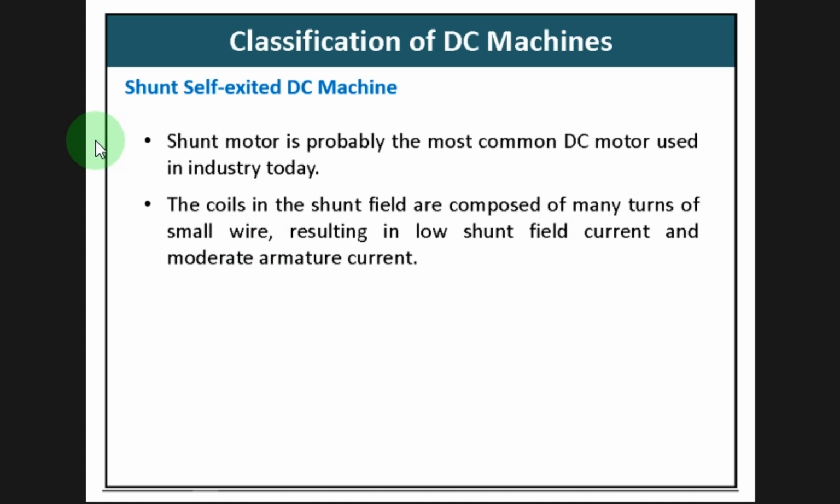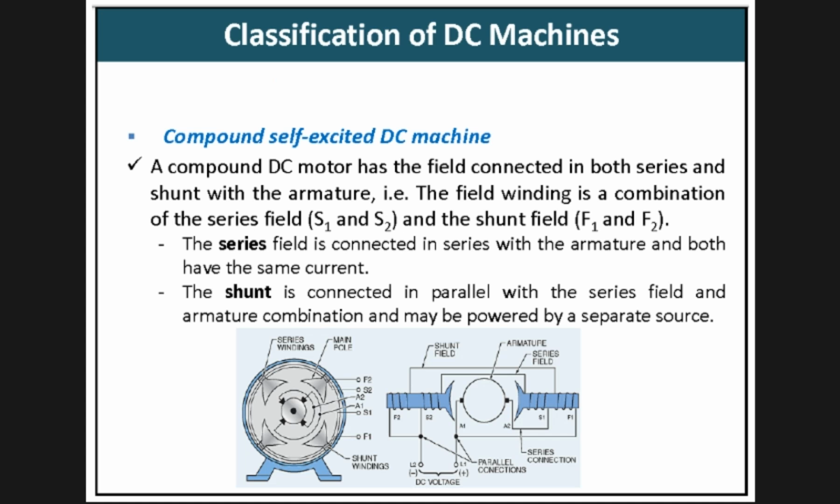Right. So in addition to the series and shunt self-excited DC machines, we have one more. It is called the compound self-excited DC machine. When we say compound, that should be a combination of series and shunt. So a compound DC motor has the field connected in both series and shunt with the armature.